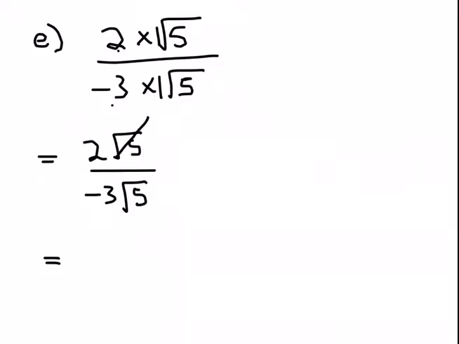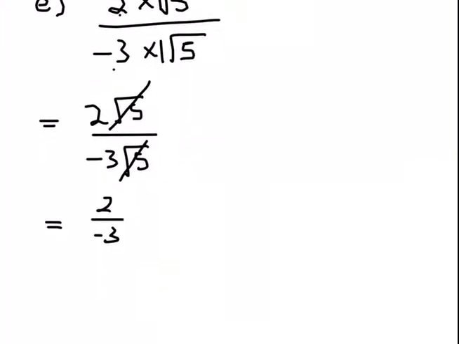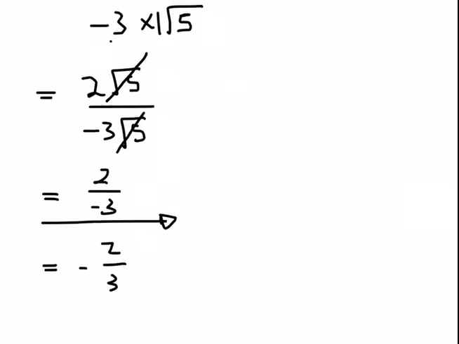Definitely, the square root of 5 will cancel with the square root of 5 and you end up having 2 over negative 3. Remember, this 2 over negative 3 is the end of it. I'm just exposing you to how else it can be written. It is still the same as negative 2 over 3.